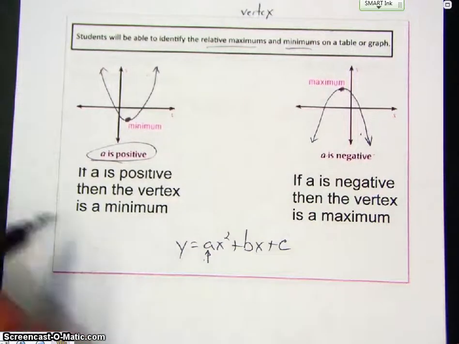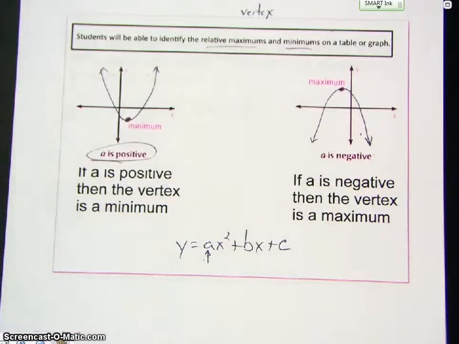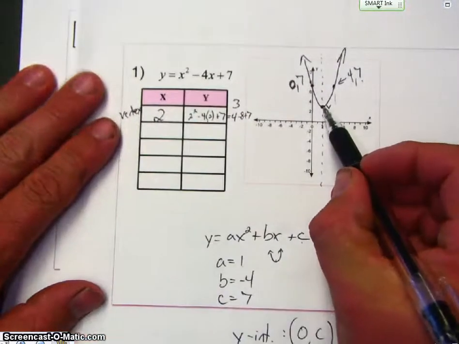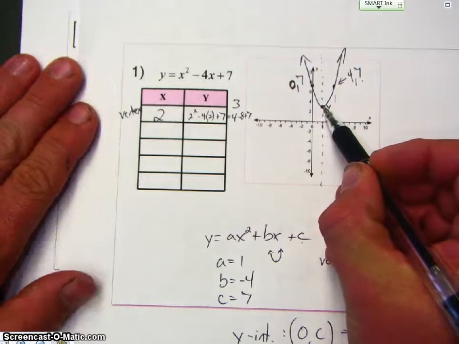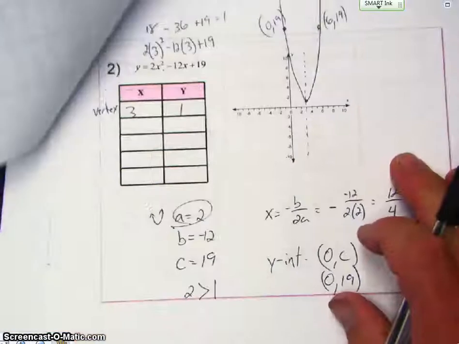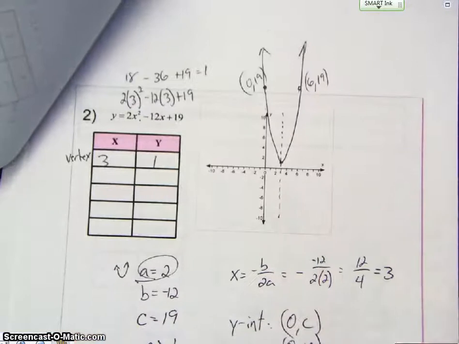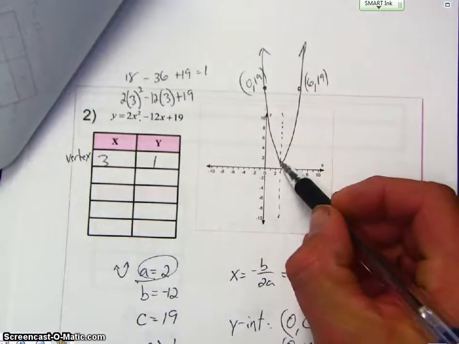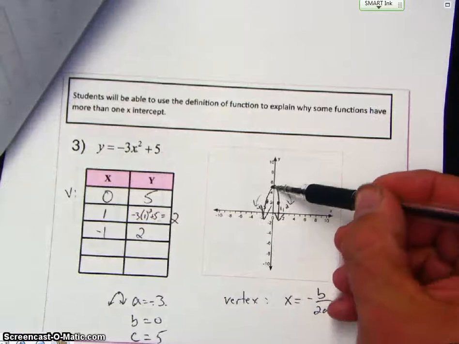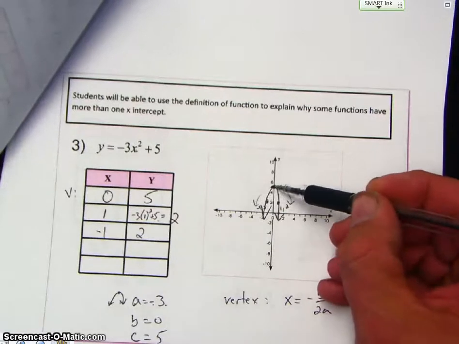So in the previous video, I did 4 examples. Real quickly, I'm bringing these back up. Here's my vertex, so that's a min. That's the lowest it can go. The next example, we had another min. Another example was a max, which is the hill. It was the highest point.